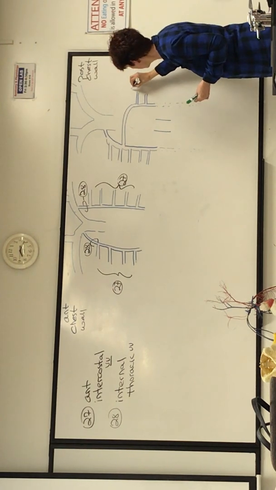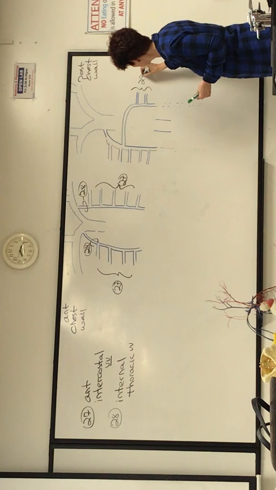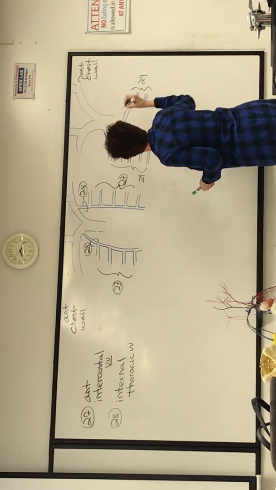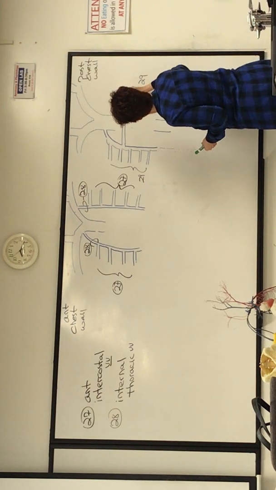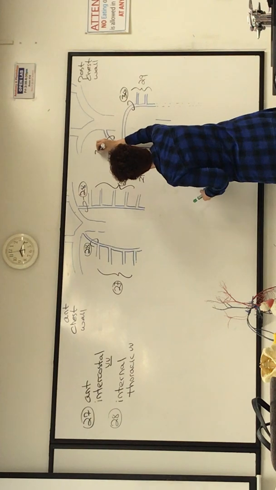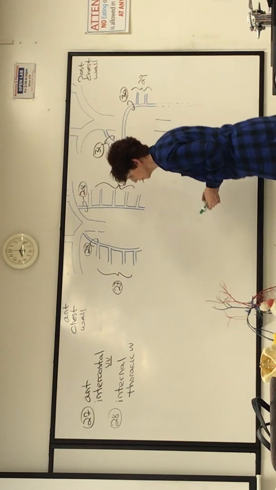So 29 is going to be posterior intercostals. 30 is going to be hemiazygous, and 31 is going to be azygous.